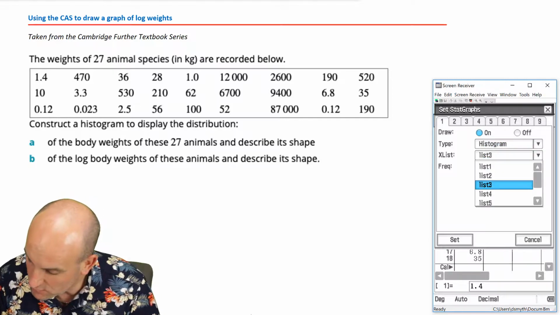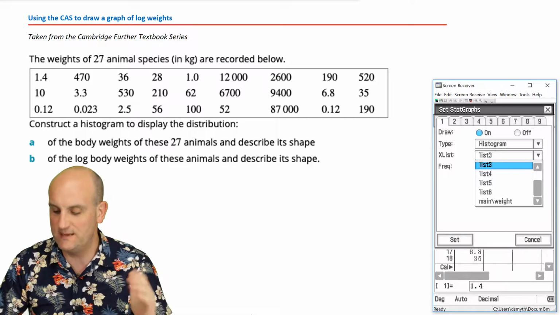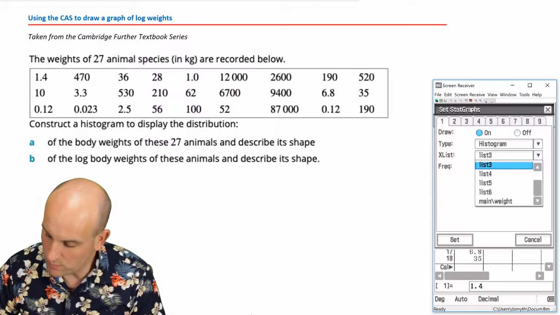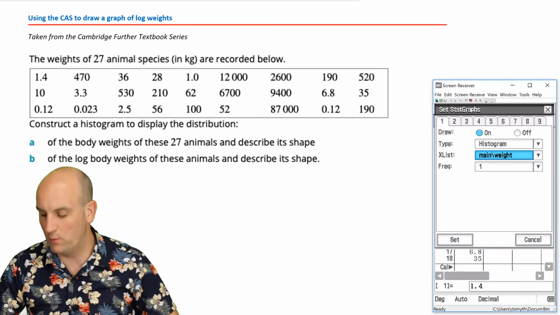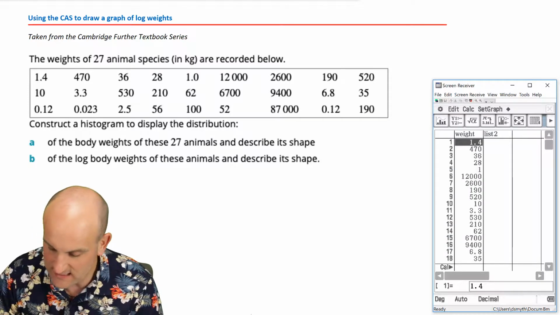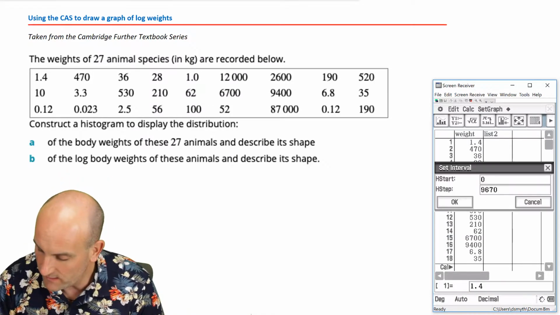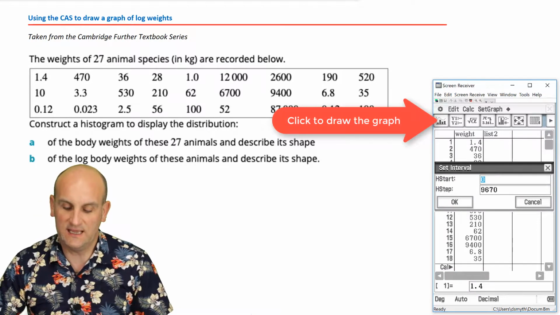I'm going to scroll down and look for the one that has the word weight in it. It may say main/weight, that's okay, that's a calculator thing. It's important that I see the word weight, select it. For my frequency, we want frequencies to go up in ones, and so I'm going to hit set. The graph has now been set, but I've got to tell the calculator to draw it by hitting that button there. Now the calculator, if you notice, is saying H start 0.